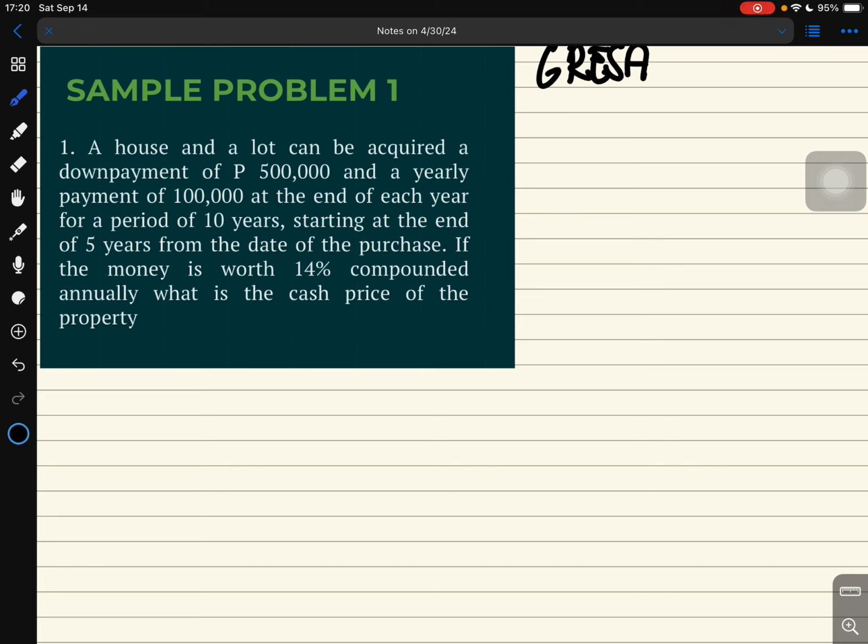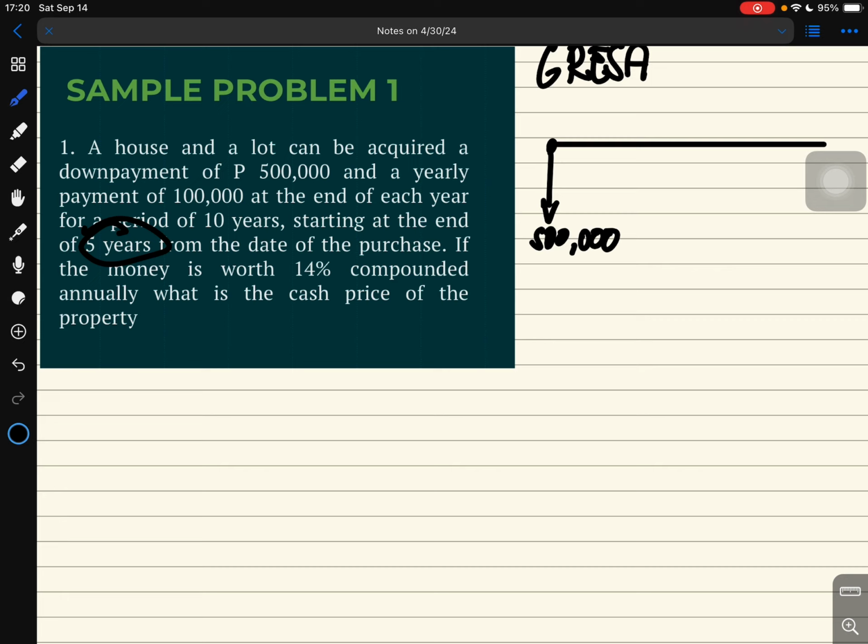So we have the 500,000 down payment, then we have the number line here. For our number line, we start at 5, because it says at the end of 5 years, for a period of 10 years.